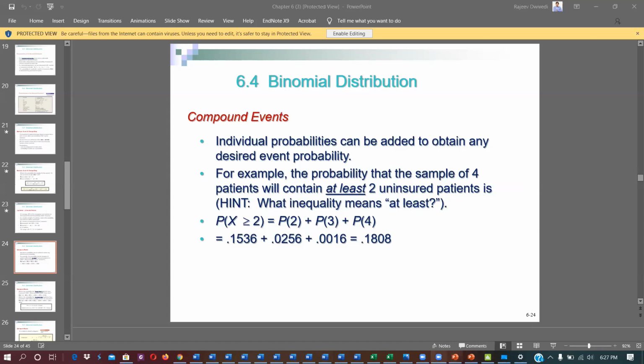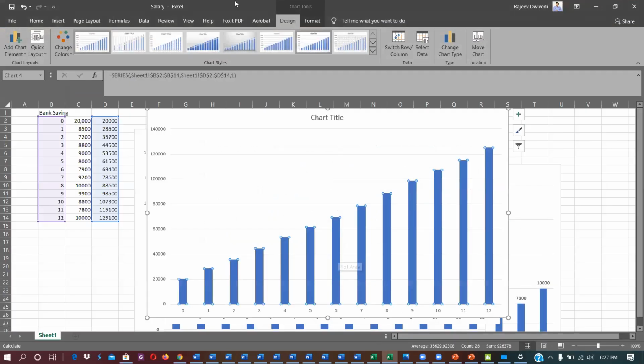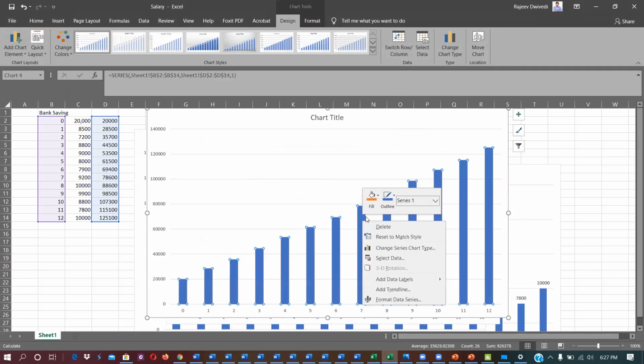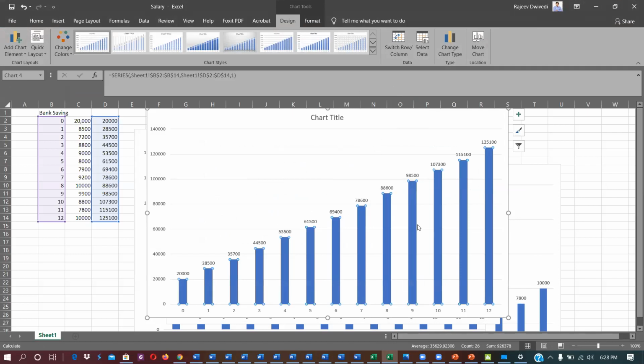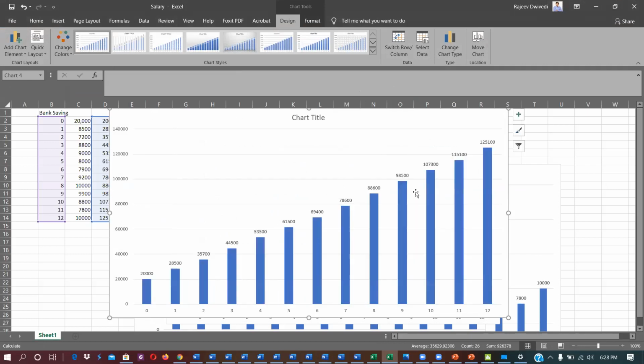And so here is the answer for this, and I can answer at data levels. So this is the role of cumulative function. Now my question is here, this is 20,000 to 125,000. What is my saving after June?